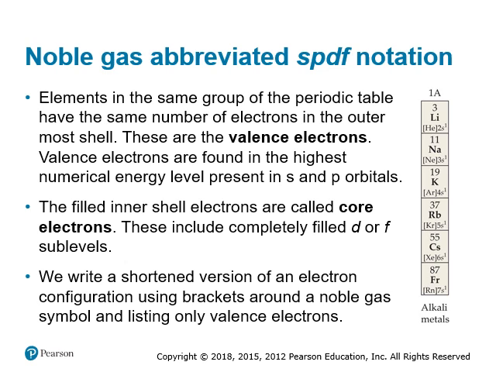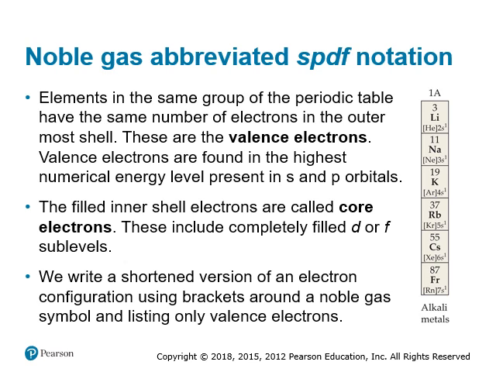Now, these electrons we refer to as valence electrons, and they're important because valence electrons are instrumental in chemical bonding. Valence electrons are defined as those electrons found in the highest numerical energy level in both the s and p orbitals.